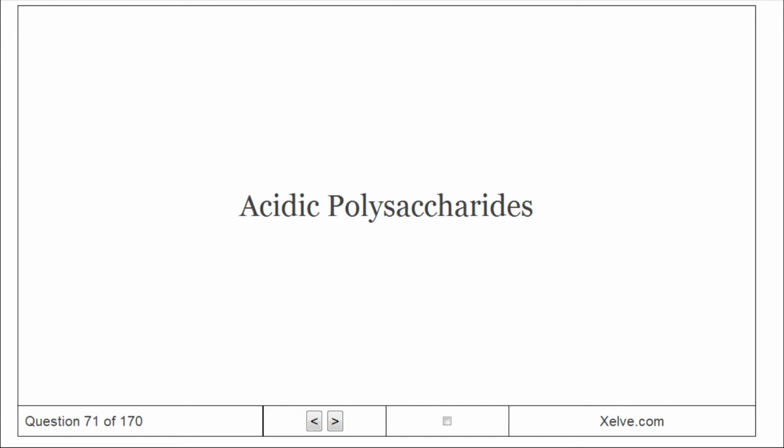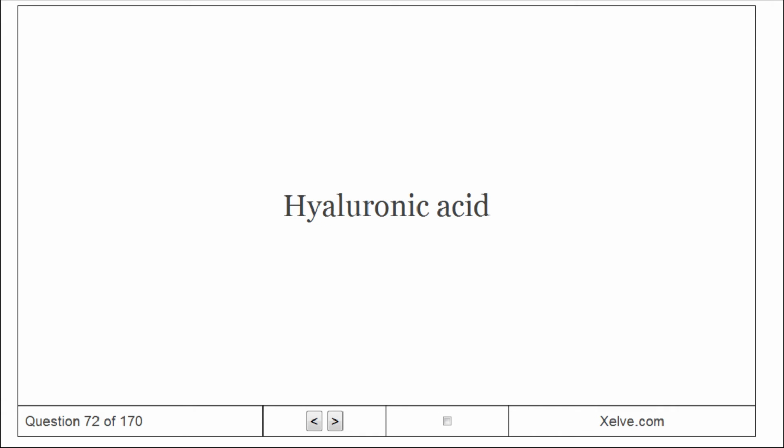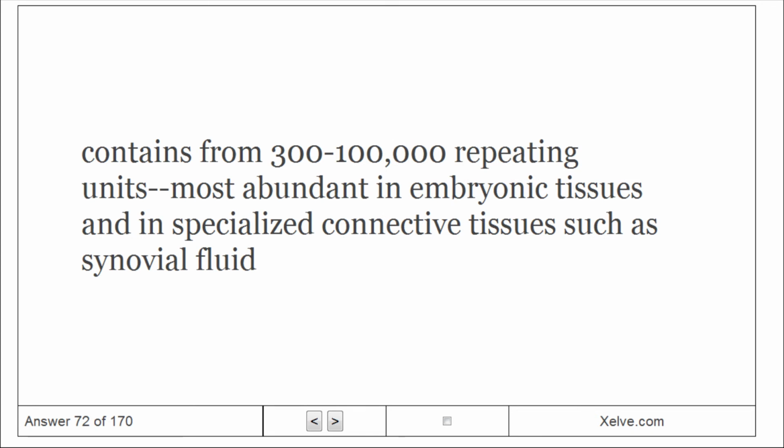Acidic polysaccharides. A group of polysaccharides that contain carboxyl groups and/or sulfuric ester groups, and play important roles in the structure and function of connective tissues. Hyaluronic acid.